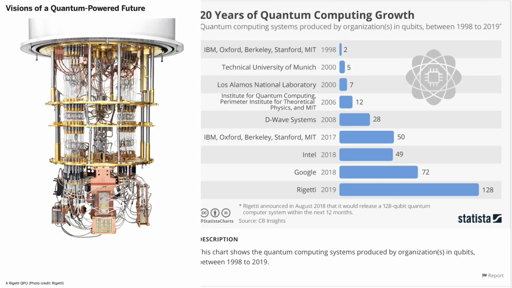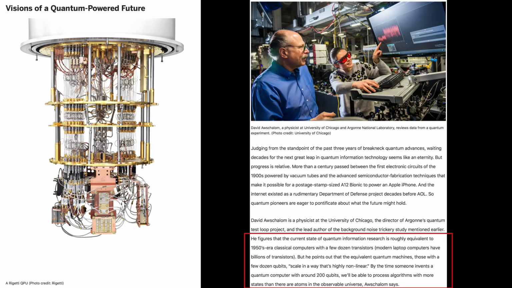This is quantum computing growth by Statista. We can see Intel, Google and Rigetti. They say that probably Rigetti will be bought up by Google, and the Rigetti machine will then be the most advanced quantum-powered computer. This is David Avshalom, from the University of Chicago. He figures that the current state of quantum information research is roughly equivalent to 1950s-era classical computers with a few dozen transistors.